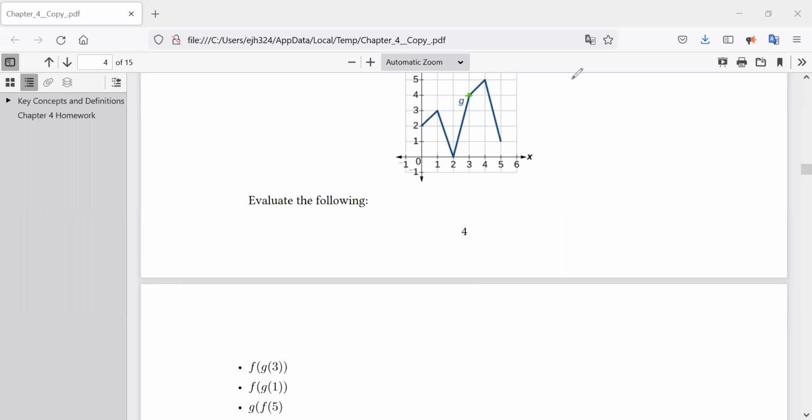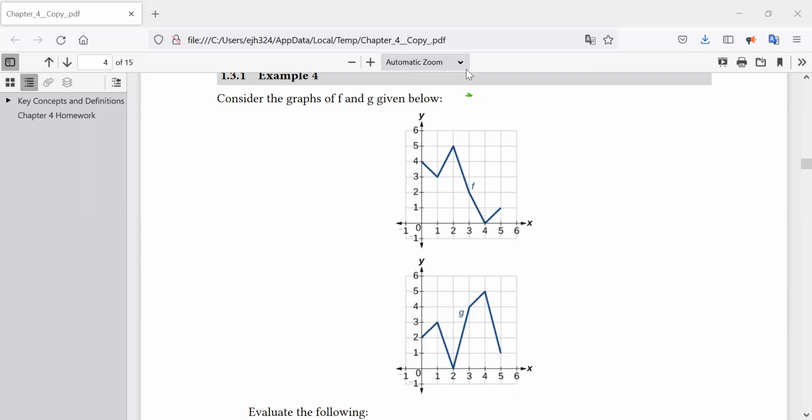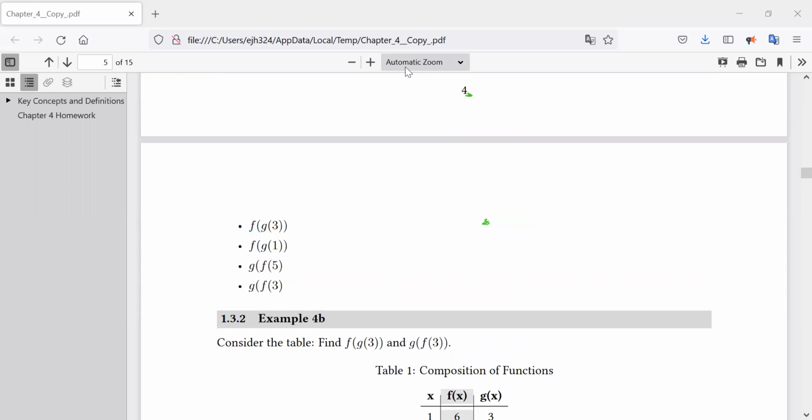Then I scroll up to see what f of 4 is. f of 4 is just 0. So f of g of 3 is going to be equal to 0. Does that make sense? Cool. I'm just going to rewrite these on the side so that I don't have to keep scrolling.